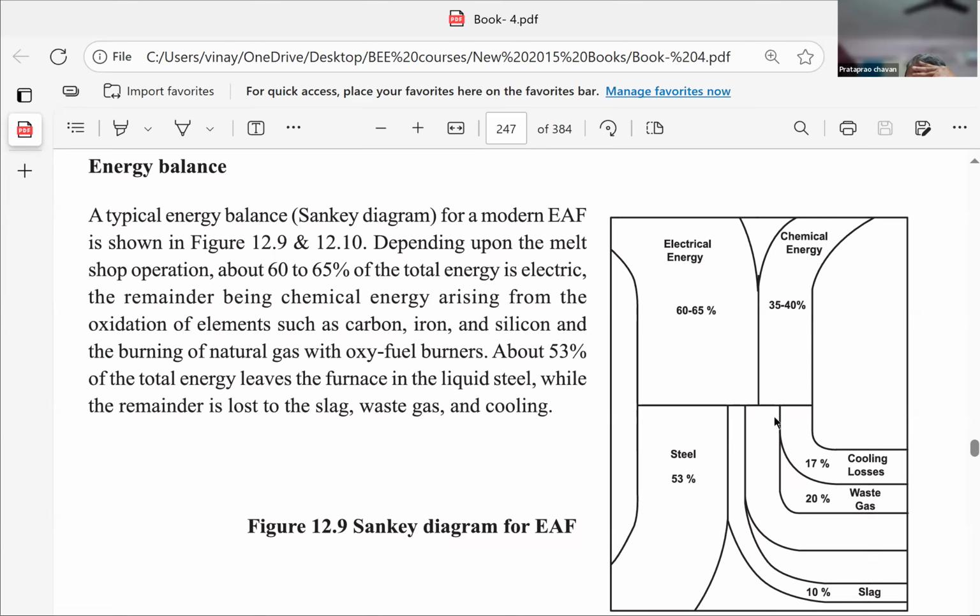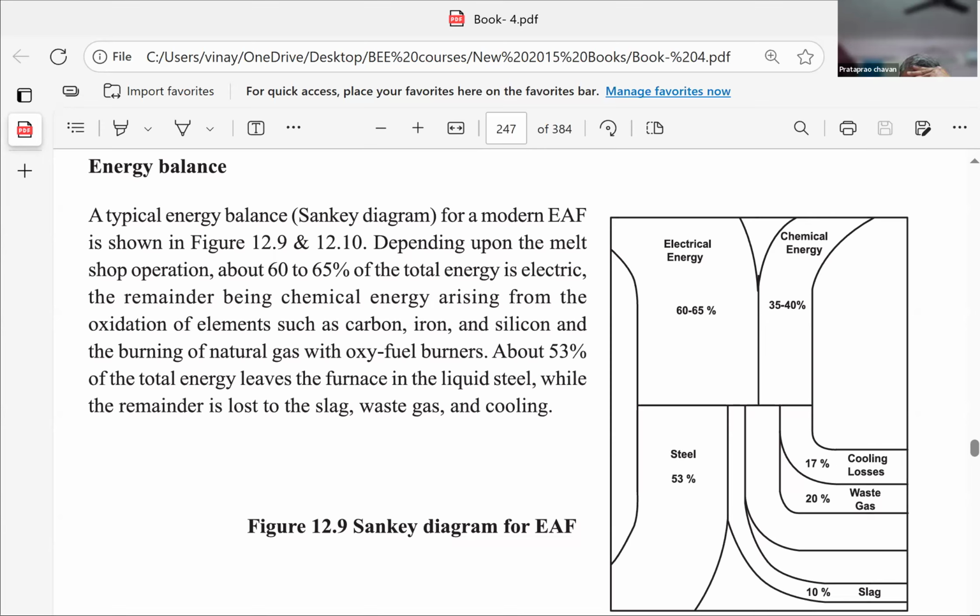So in the entire process, we have two heat sources: one heat generated by electricity, another heat generated by the self-ignition or burning of impurities. What are the products? The useful product is the steel. 53% of this entire heat gets converted into useful product heat.